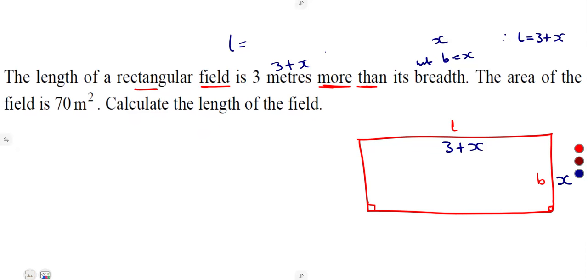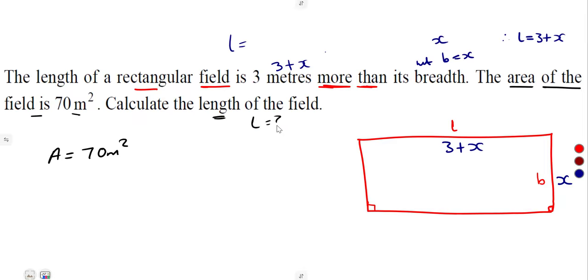Here we are told that the area of the field, our rectangular field, is 70 square meters. It's a numerical value that you're given. Calculate the length of the field. What is the length?